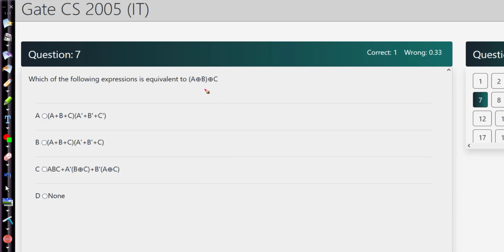See, the problem says A XOR B XOR C. So this will be A XOR B, XOR C. Now, A XOR B multiplied by C complement, or C multiplied by the complement of A XOR B. That is A B complement plus B A complement, whole complement.